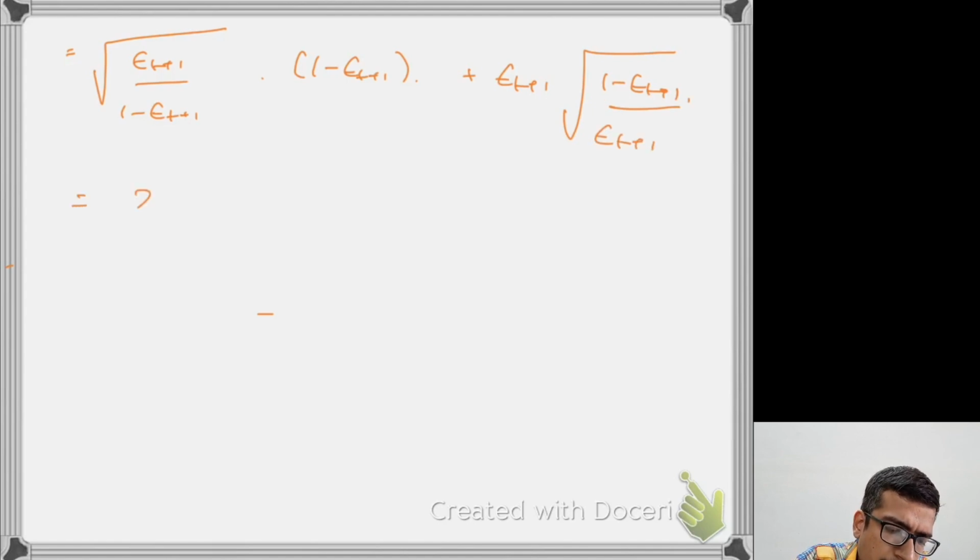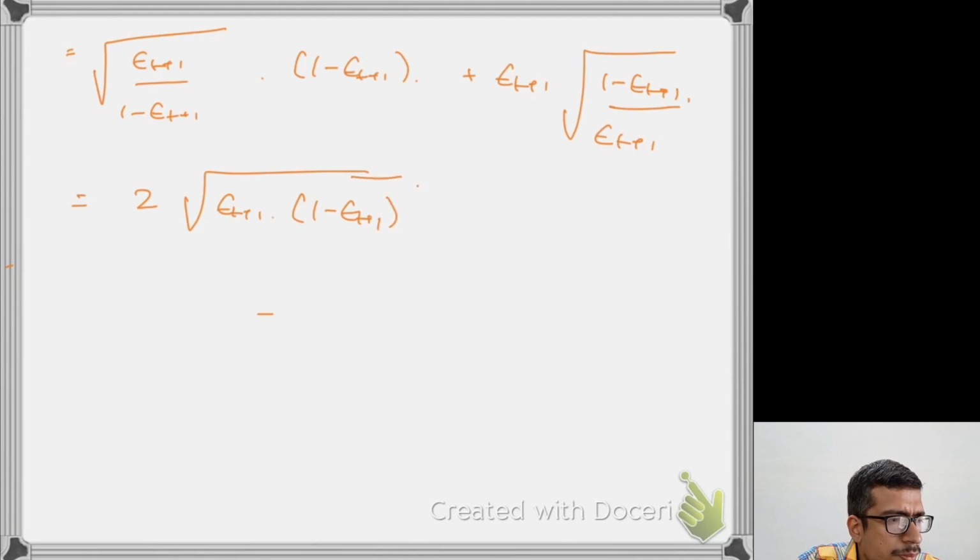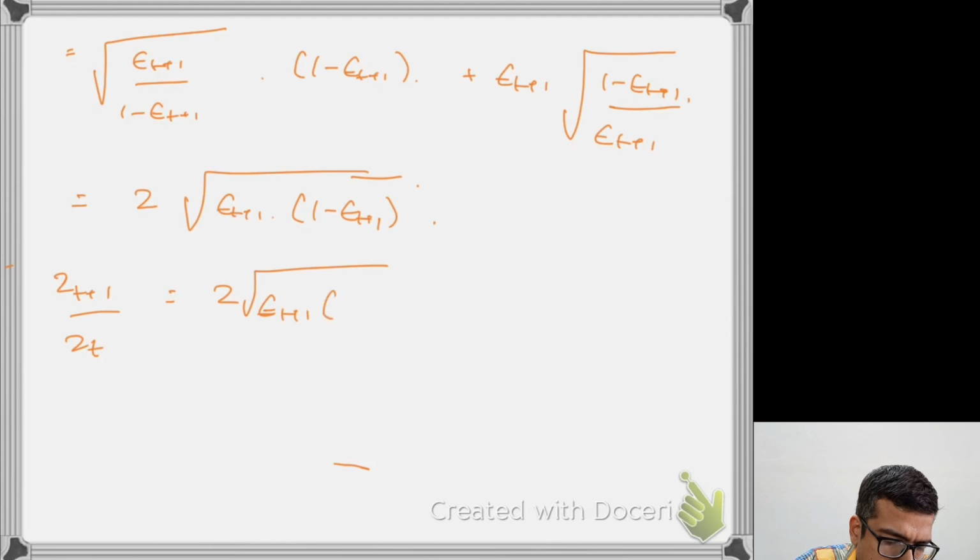So overall I'm going to get twice the square root of epsilon_{t+1} times (1 minus epsilon_{t+1}). So this is how I have computed Z_{t+1} by Z_t, which is twice of this particular value.